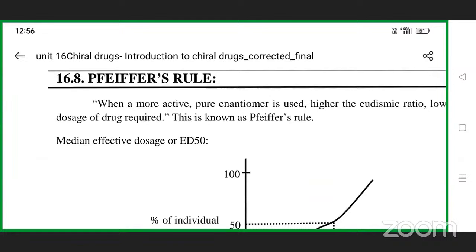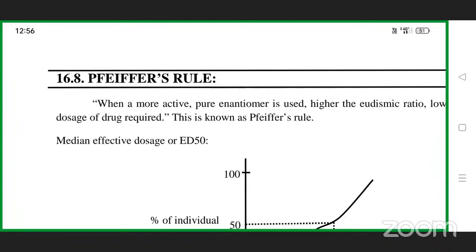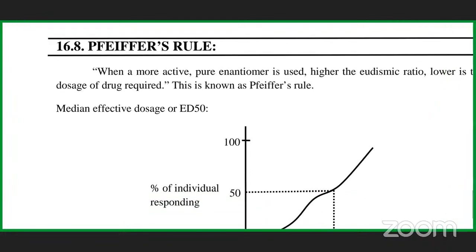When a more active pure enantiomer is used, the higher the eudismic ratio and the lower the dosage of drug required. This is known as Pfeiffer's rule. It explains the deciding of the dosage.